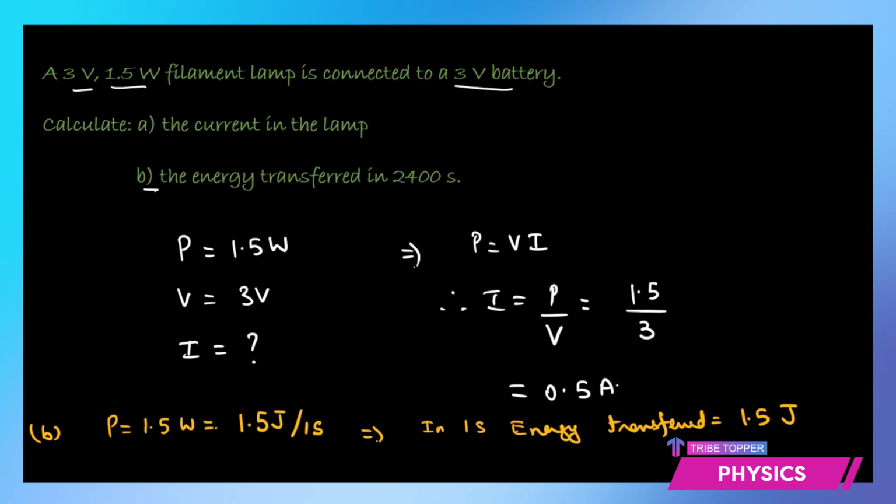So in 1 second, energy transferred is 1.5 joules. Therefore, in 2400 seconds, the energy transferred would be 1.5 times 2400, which gives me 3600 joules of energy transferred in 2400 seconds.